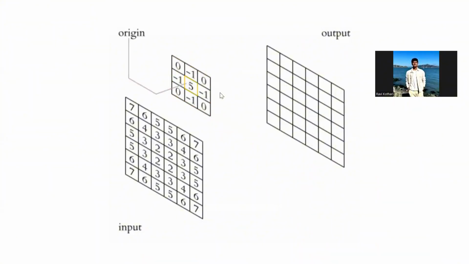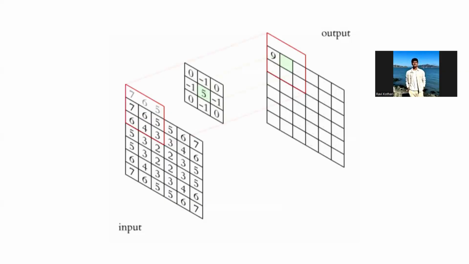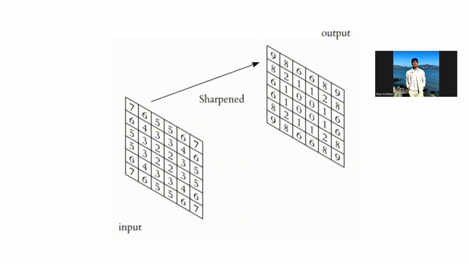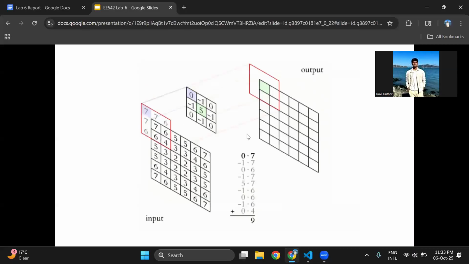I'll let the animation complete and you can see what's happening with convolution. So basic image processing is nothing but an input image convolved with image processing kernels, and that's how we get the output image. Now I'll quickly hop onto the code.